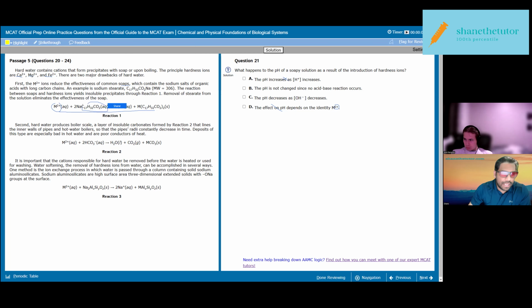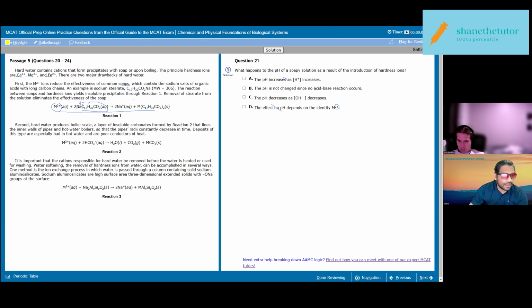I think this dissociates into a 2 minus ion, and the 2 minus ion would be a little basic, so it can take hydrogens from the environment, causing the pH to increase.